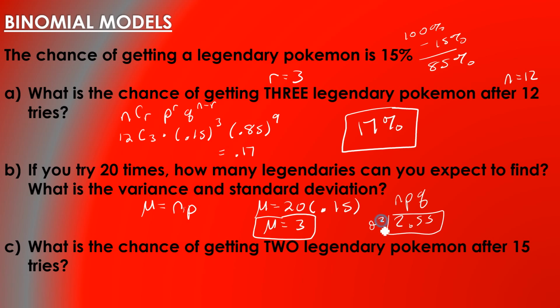So that's my variance, which means my standard deviation is the square root of that. So it's going to be the square root of 2.55. And if I type that into the calculator, I get 1.6 about.